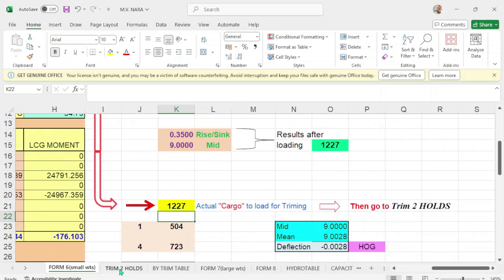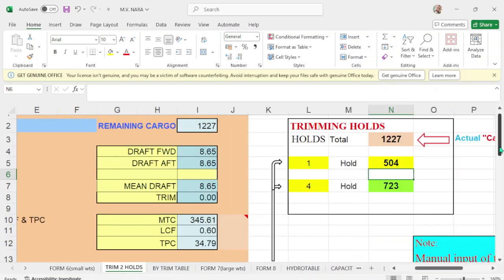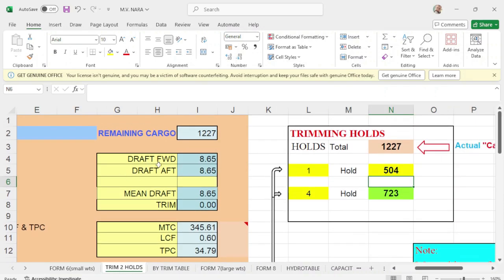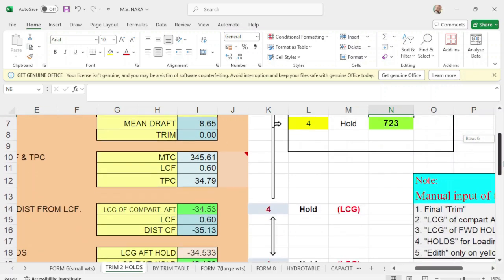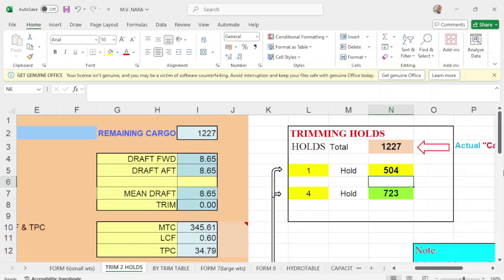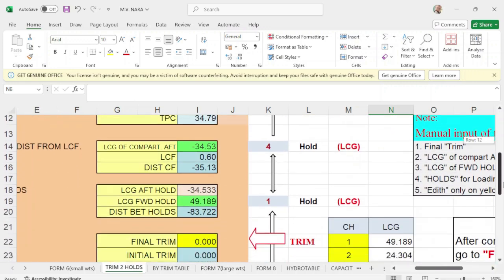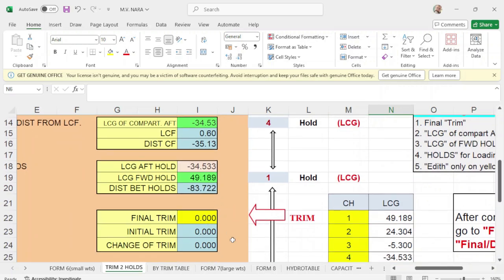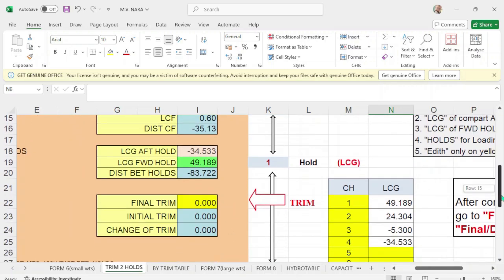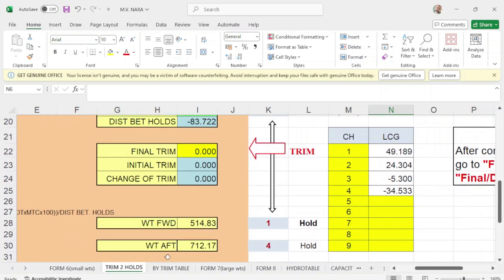So I go to trim holds 2, and take note, the remaining cargo to load is 1227. This is the initial drop, the initial DPC of 8.65. So according to your loading holds 1 and 4, and say you have no trim, the recommended cargo to load in hold number 1 will be 515.